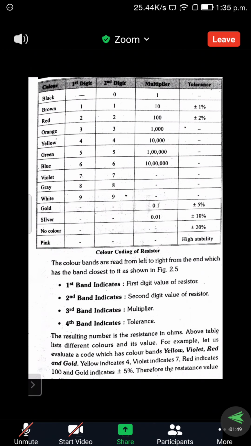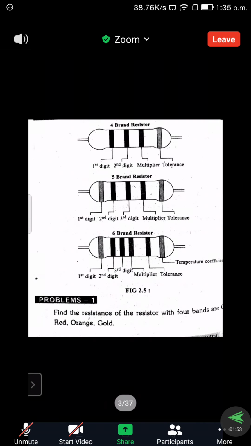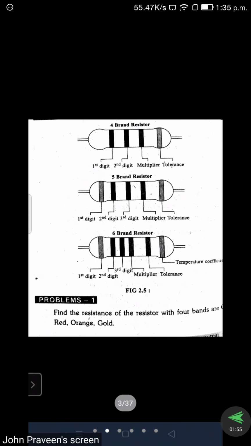There are two types of resistors we generally use, the 4-band resistor and the 5-band resistor. There are 6-band resistors also, where the last band indicates the temperature coefficient. If it is 4-band, the rightmost we consider as the tolerance, the next is the multiplier, and the rest are the digits.